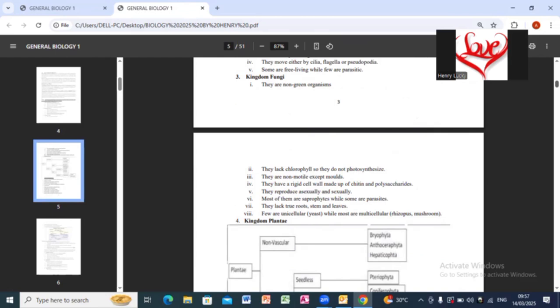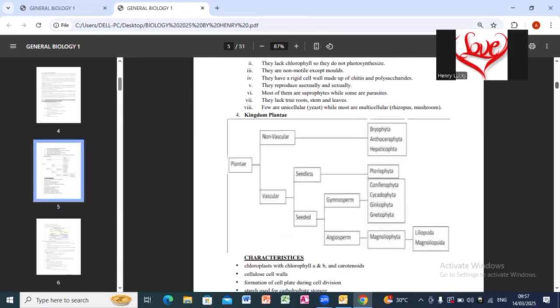Then we'll proceed to kingdom plantae. When we talk about kingdom plantae, they are classified into two categories, that is the vascular plants and the non-vascular plants.